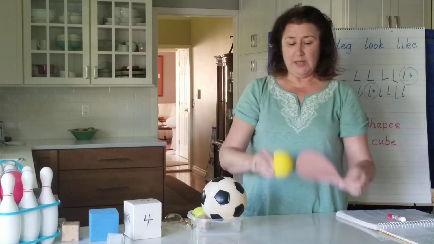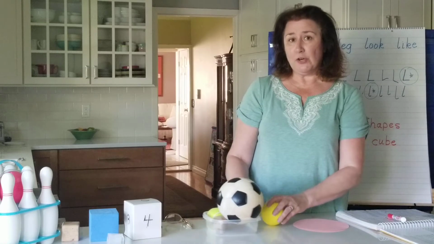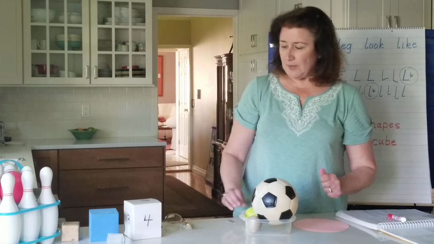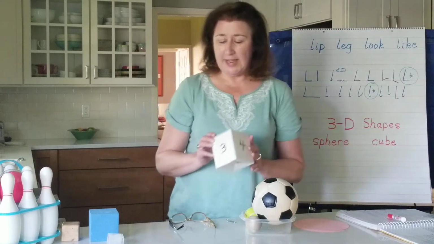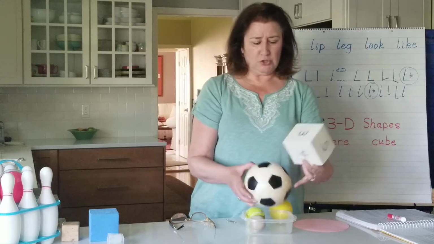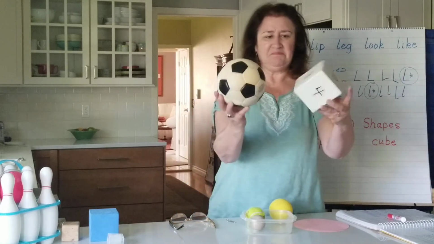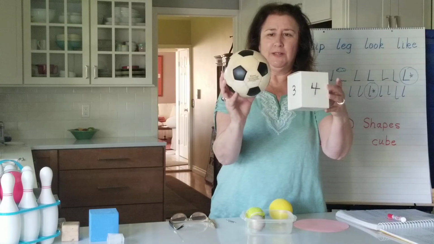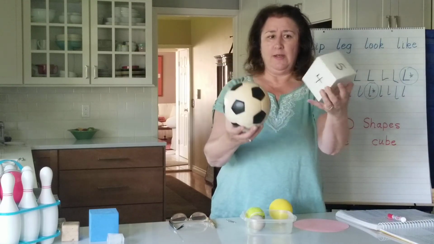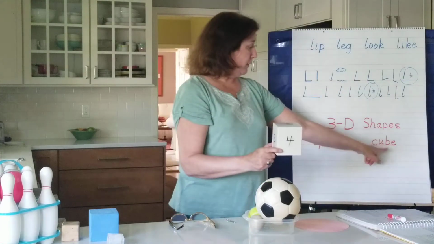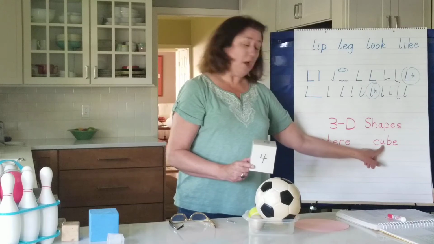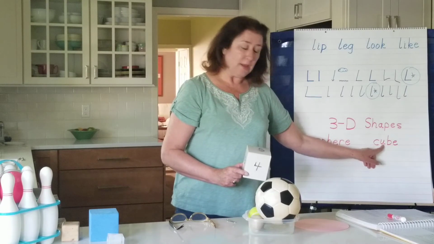Okay? Now, we're going to talk about another three-dimensional object today, and that object is called a cube. A cube. Does a cube look just like a sphere? No. What do you notice that's different about a sphere and a cube? This is the word cube. It's got the long U sound that we talked about last week.